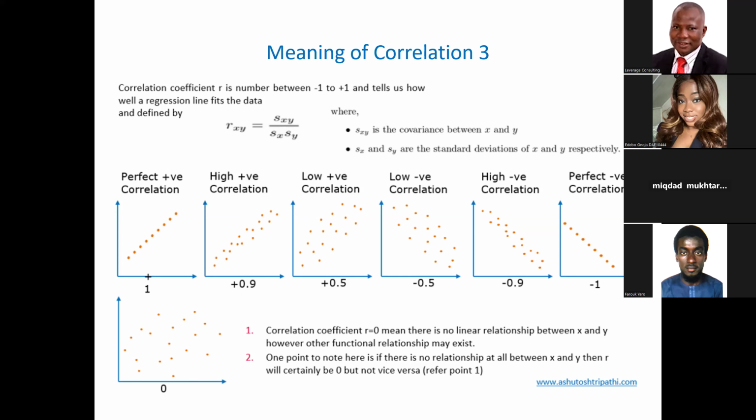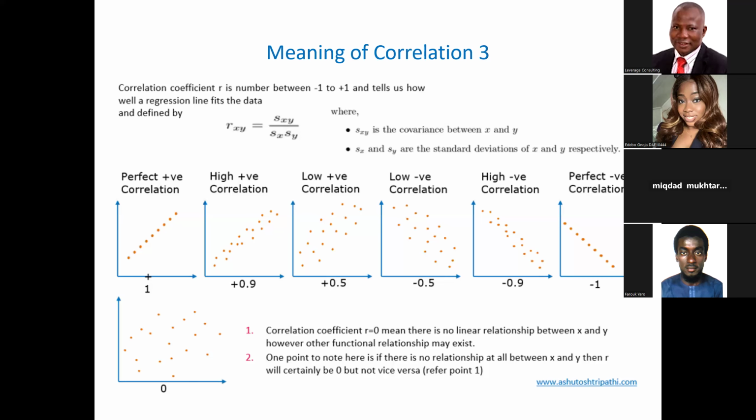You plot one on the x-axis and the other on the y-axis. It doesn't really matter which one is plotted where, because there's nothing like dependent or independent here. Weight and height, either can be on the y-axis or x-axis. So as one increases, the other also increases, and the values will be on a straight line like this.